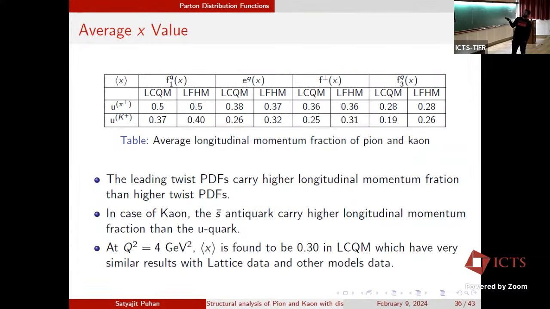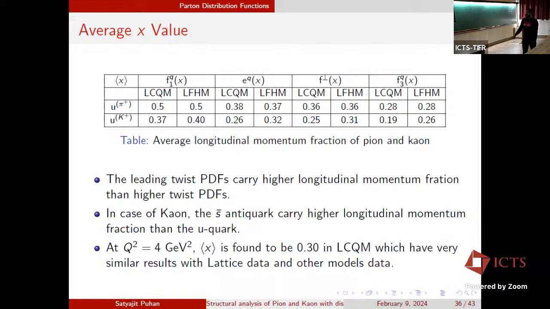These are the average x values we have calculated for all the TMDs. You can see the leading twist PDF carries the highest average x value, then the subleading twist, then the higher order twist. That means in the non-perturbative region, we have to consider the higher twist contribution to the scattering cross section.